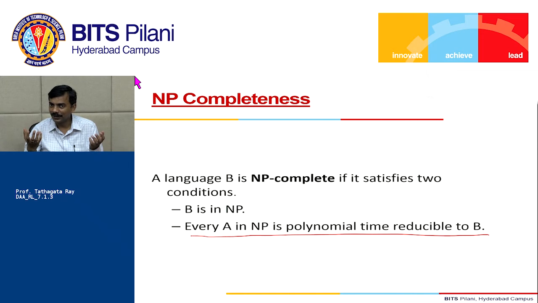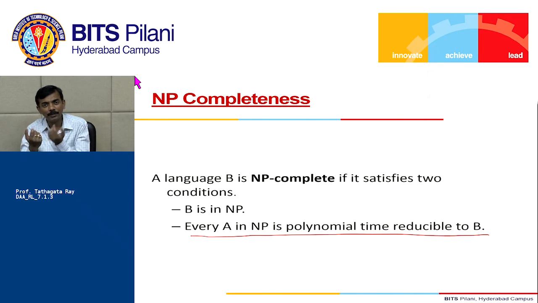Such that now you understand that if I solve B efficiently, that means if I can solve B in polynomial time, then I will be able to solve my A in polynomial time. Now it is true for every problem in NP. So every problem in NP can be converted to this problem B in polynomial time.